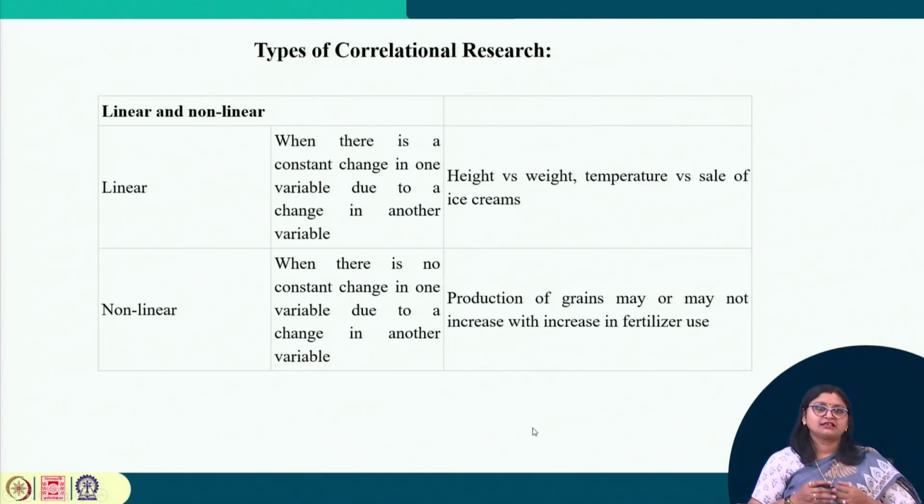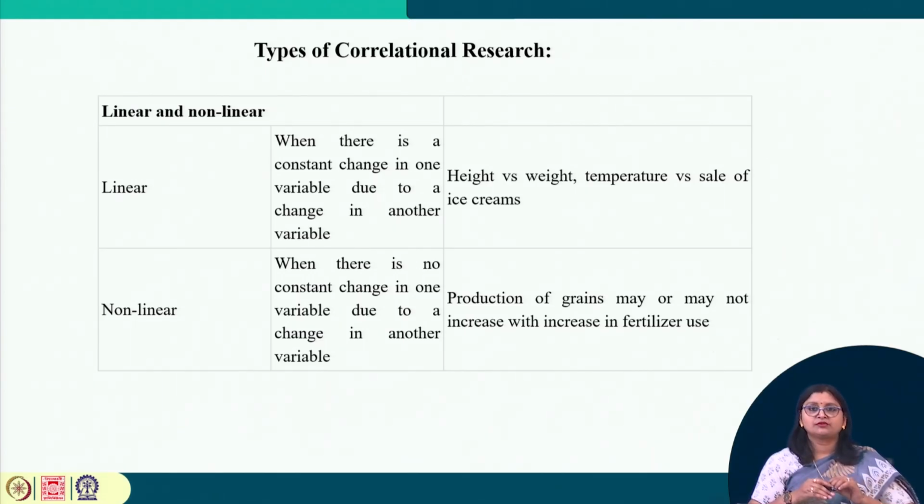So, the second one is linear and non-linear type of correlational studies. Linear is when there is a constant change in one variable due to a change in another one, like height versus weight. In most cases, as height increases, the weight will also increase. Temperature versus sale of ice cream.